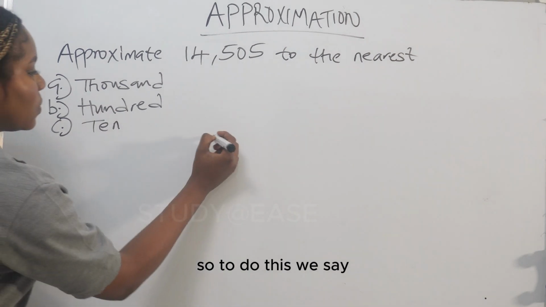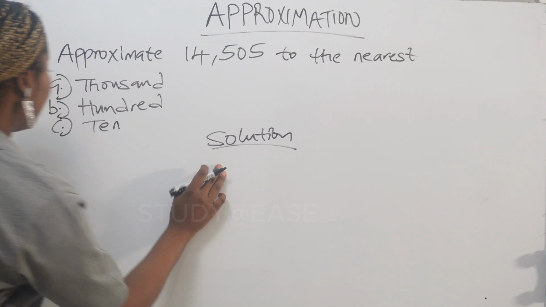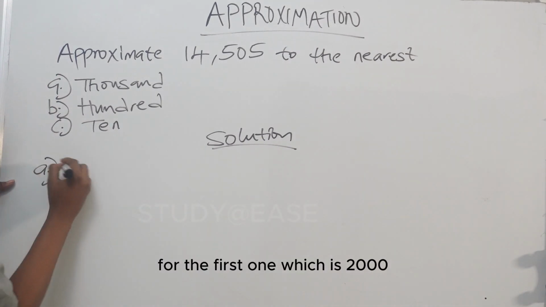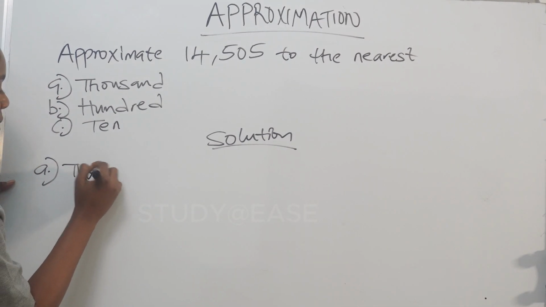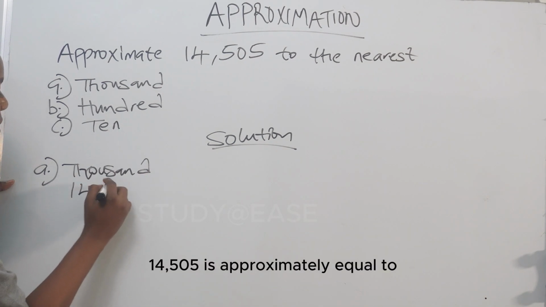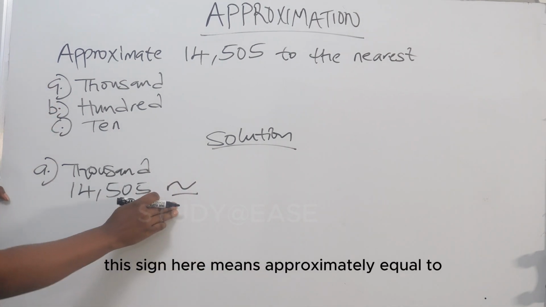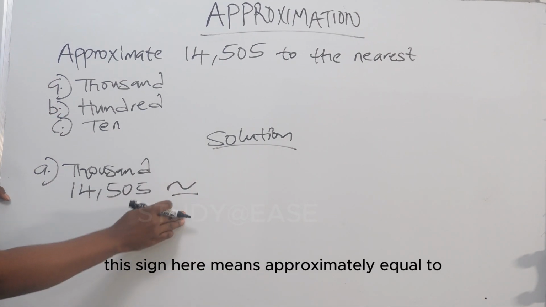So to do this, we say for the first one, which is 1,000, 14,505 is approximately equal to, this sign here means approximately equal to.